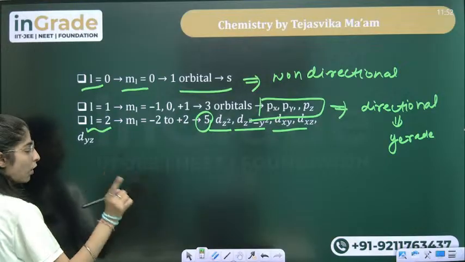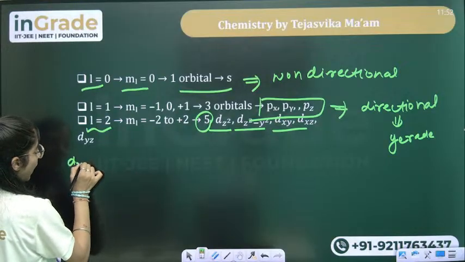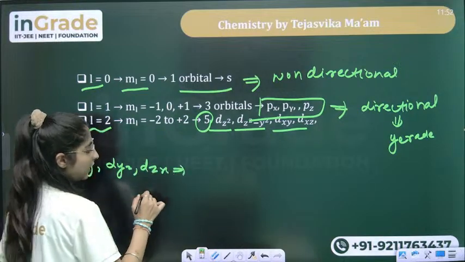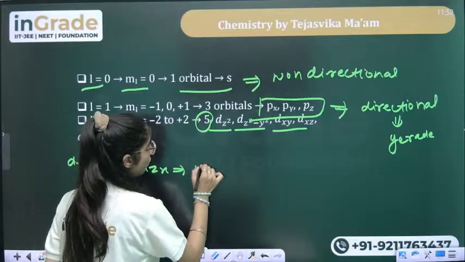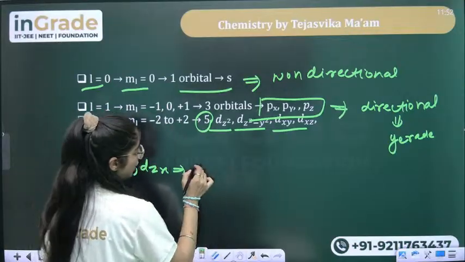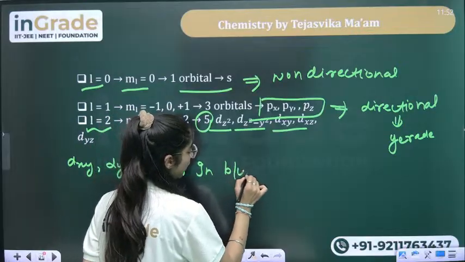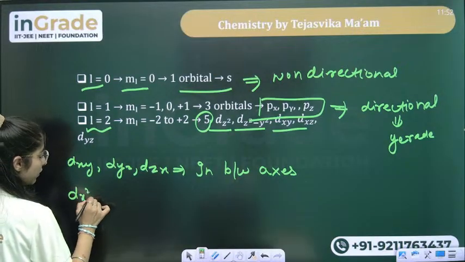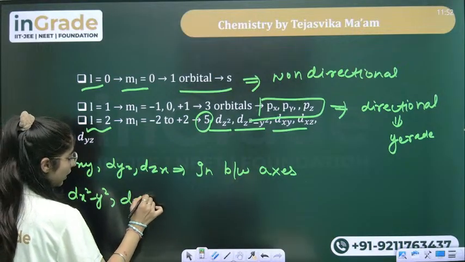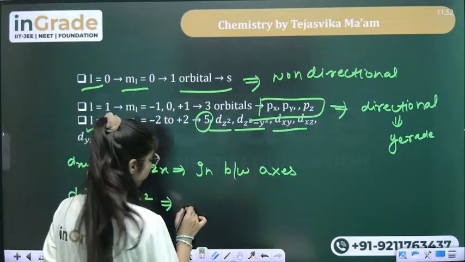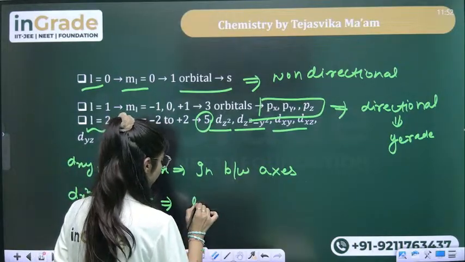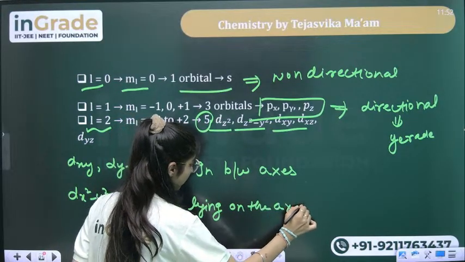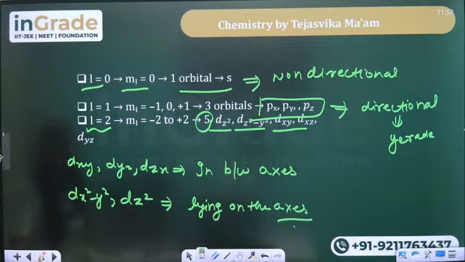So keep one point in your mind, which is dxy, dyz and dzx. These orbitals form in between the axes, and your dx square minus y square and dz square are lying on the axes.